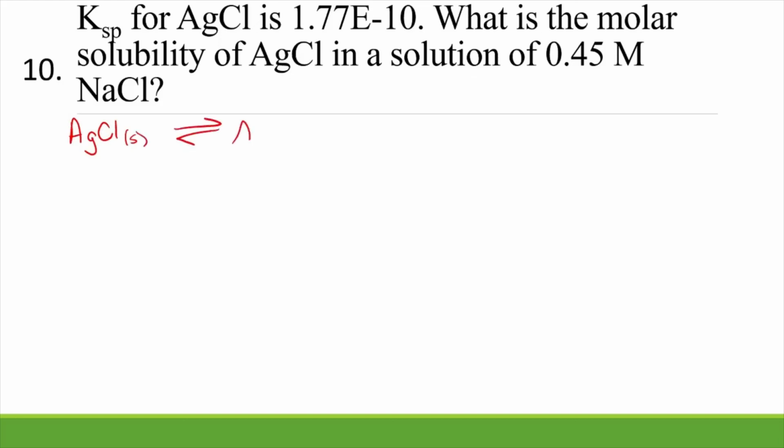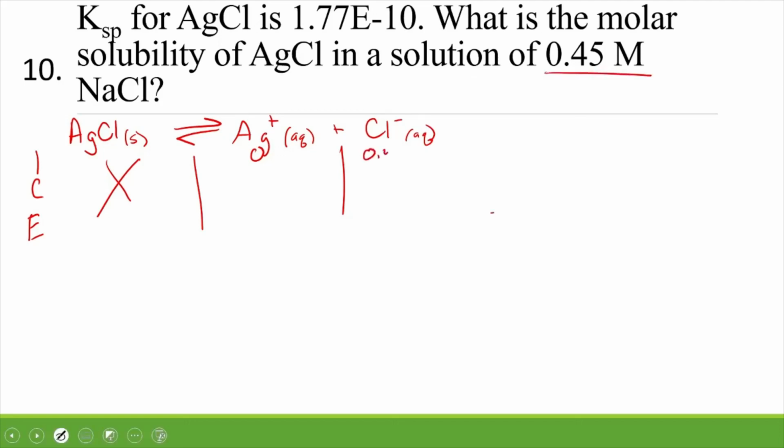It's an equilibrium, going to Ag+ and Cl-. And let's make an ICE table. This doesn't count. So we're starting with 0 silver, 0 chloride. We have 0.45 molar to start.